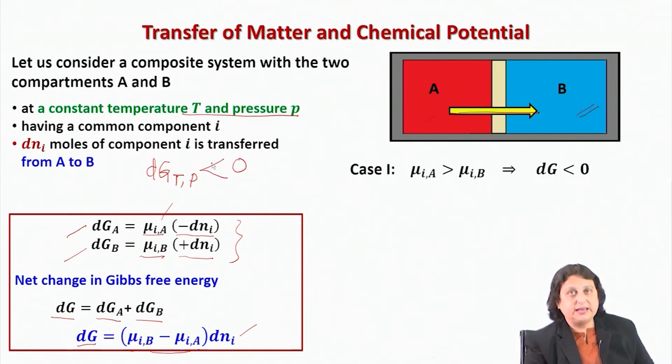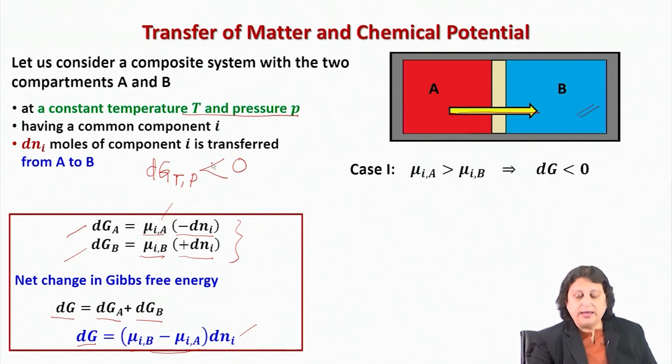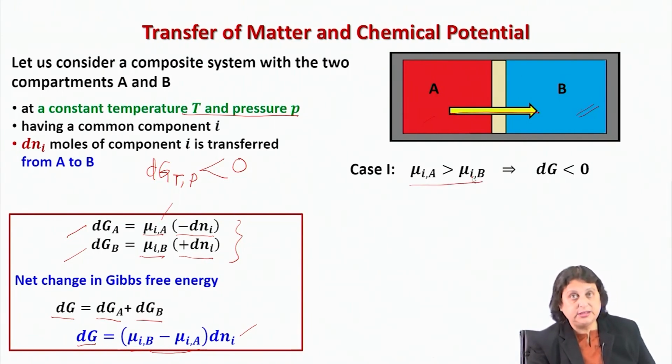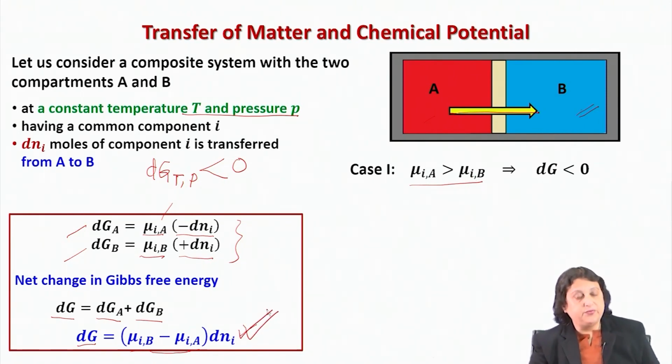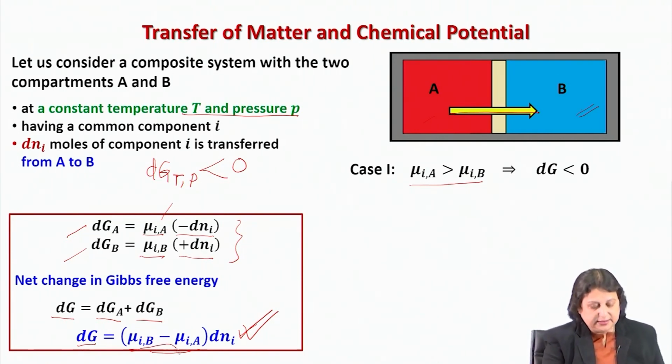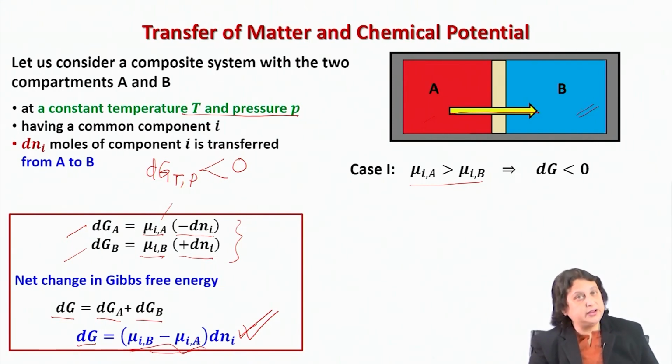And therefore, if mu IA is greater than mu IB, then the term within the first bracket is going to be negative, and consequently, since dni is a small but positive quantity, dG is going to be less than 0.